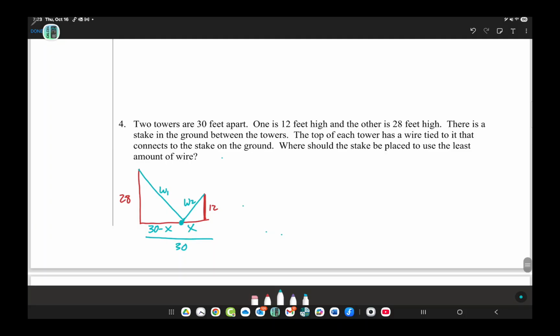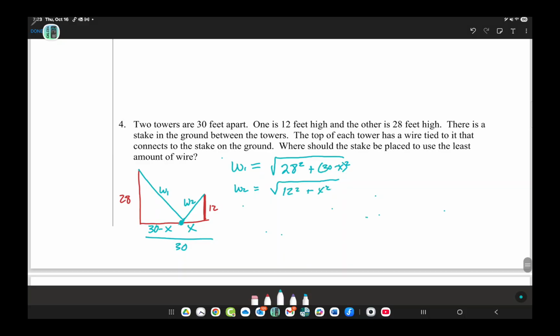And if I want to find the value of W1, wire 1, and wire 2, well, again, that's our favorite theorem ever. So wire 1 is equal to the square root of 28 squared plus (30 minus x) squared. And then wire 2 is equal to the square root of 12 squared plus x squared.